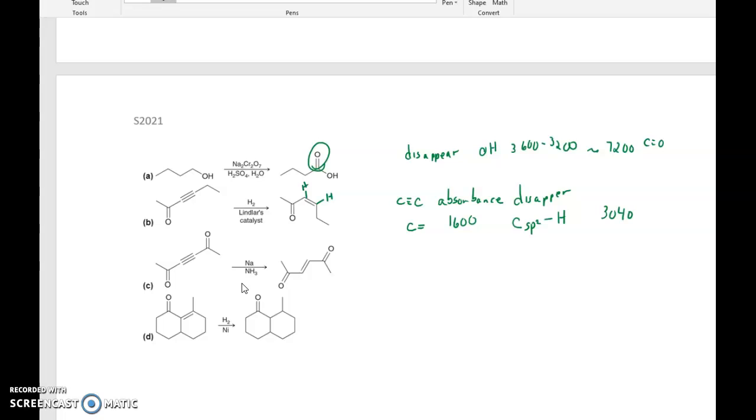We don't have any hydrogens here. So here, the double and triple bonds are symmetric, so we get no absorption, but the product will have these hydrogens. And we'll be able to see them right around just above the 3,000.